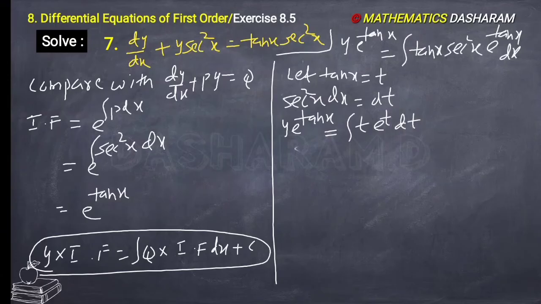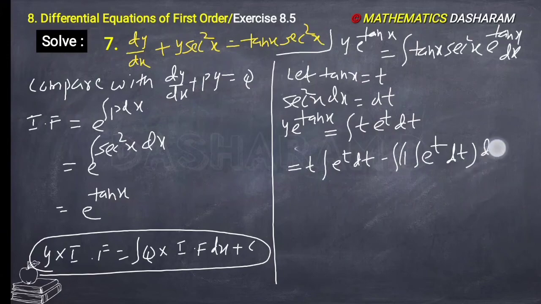Now here apply the u into v formula. So that is t into integration e power t dt minus integration of derivative of t, which is 1, into integration e power t dt, whole dt. So t into e power t minus e power t.